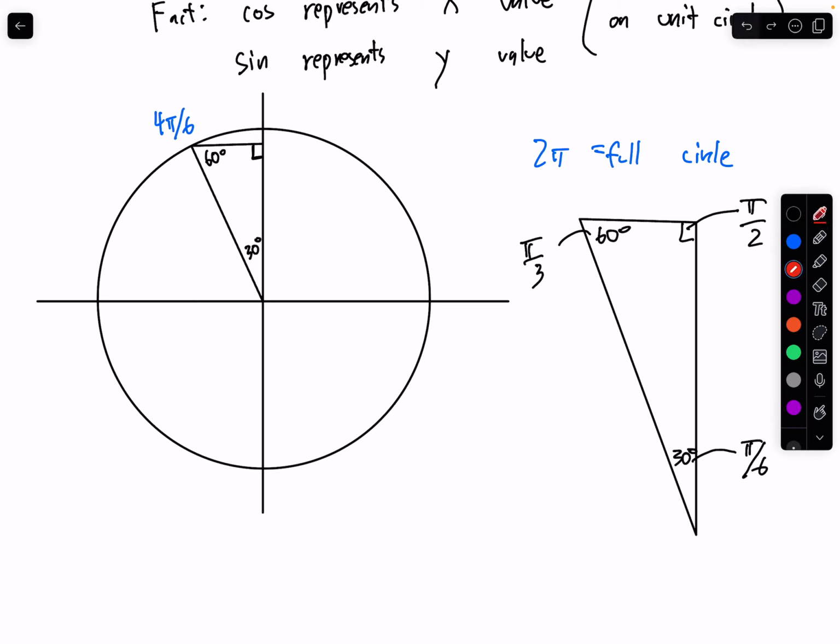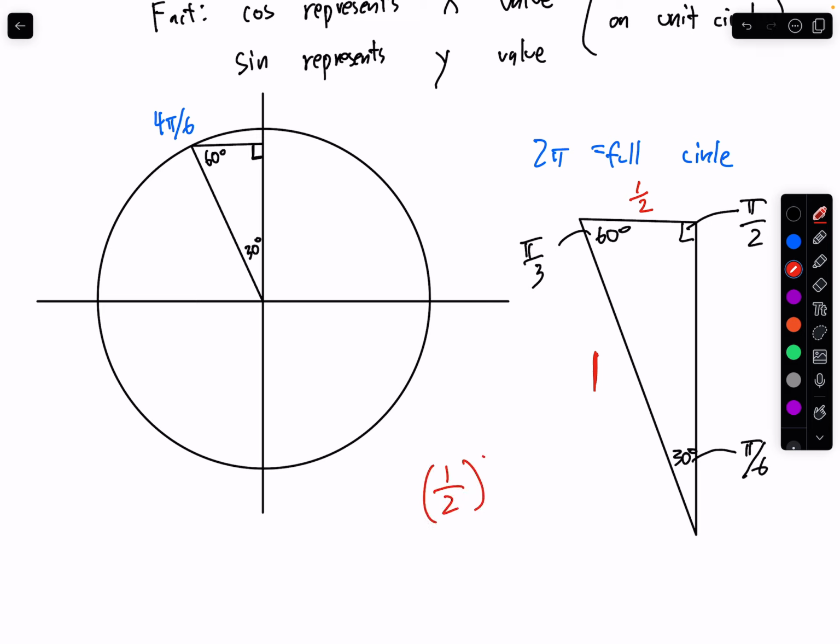So in our case, if we're looking at the unit circle, the hypotenuse is a radius, right? So the radius is 1, the long side. And then the short side is always exactly a half. Amazing fact that happens anytime you have this particular arrangement of degrees, 30, 60, and 90. And the thing that makes this last side work is the thing that makes the Pythagorean theorem work, right?